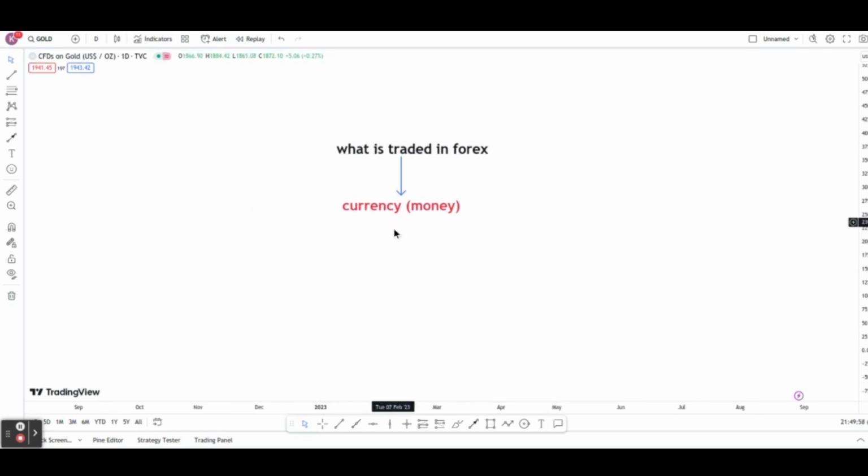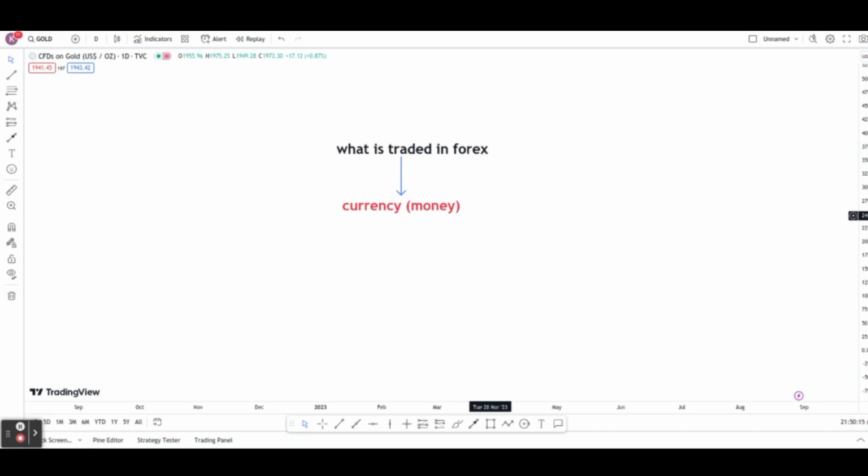I'm just using America as an example because we know that is the most popular country, and their currency, the dollar, is the king of all currency. Yes, I can say that because it's the most traded currency in the whole world.